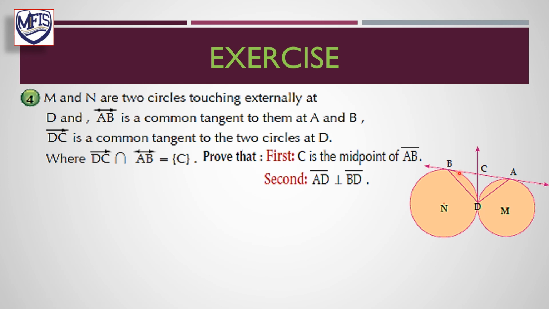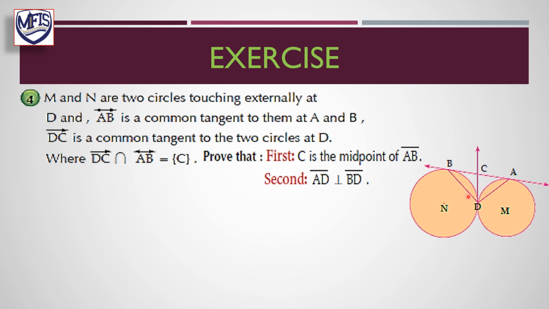Now, if I add the two equations, then measure angle A plus measure angle B equals measure angle CDA plus measure angle CDB.